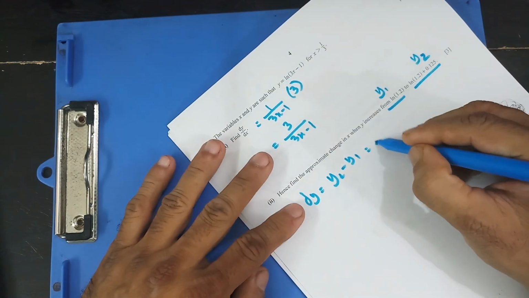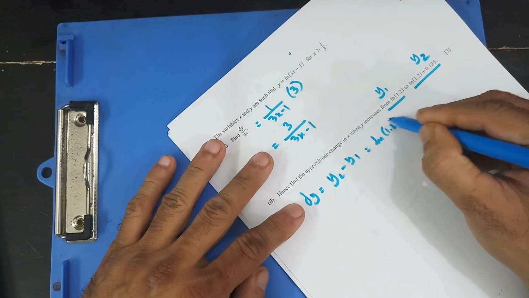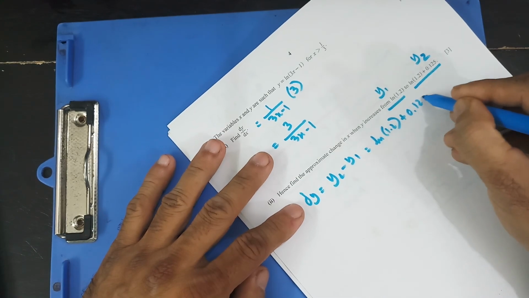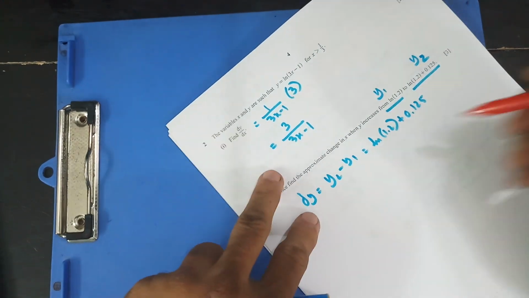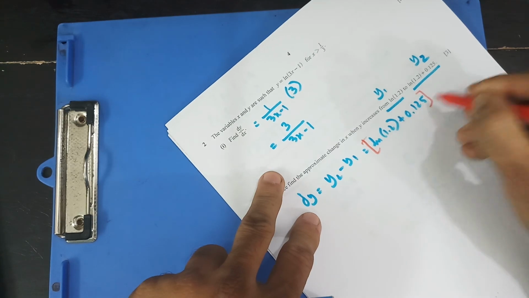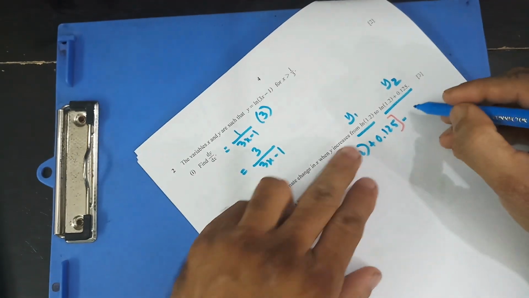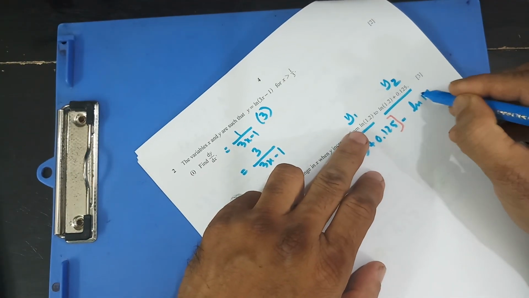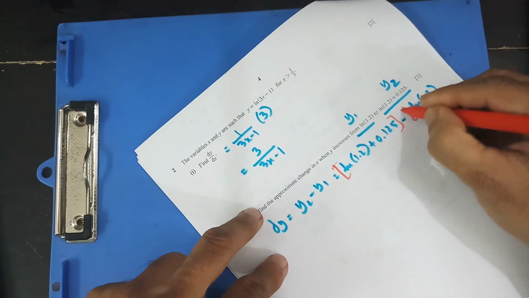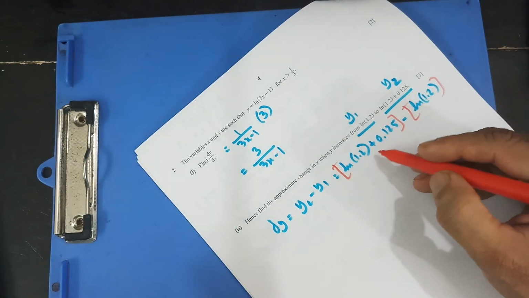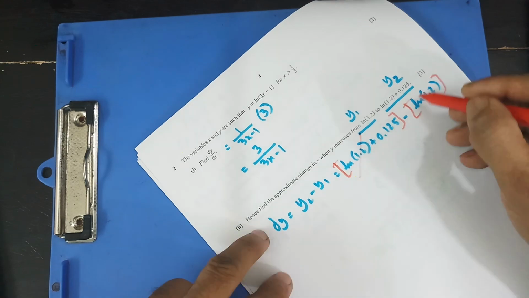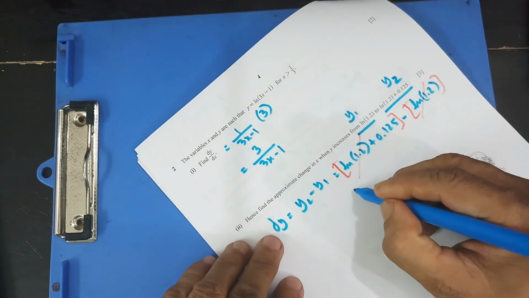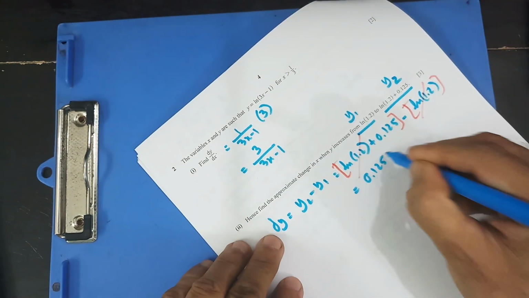That's going to be ln 1.2 plus 0.125, that's my y2, and then y1 would be ln 1.2. If I take the brackets and cross out, delta y is going to be 0.125.